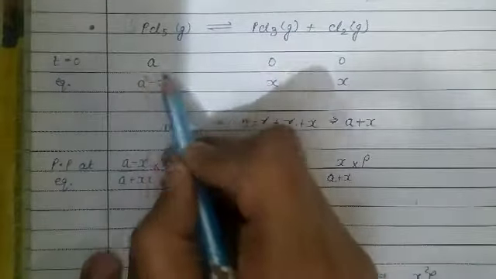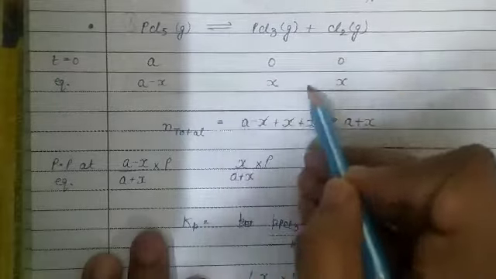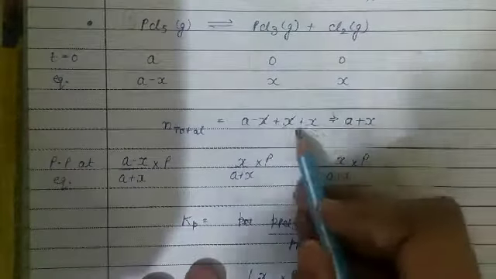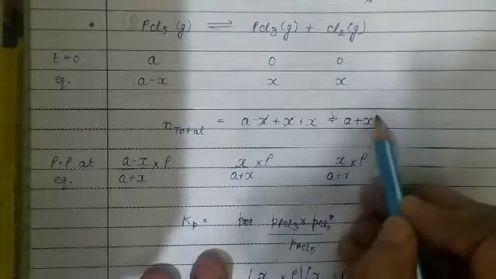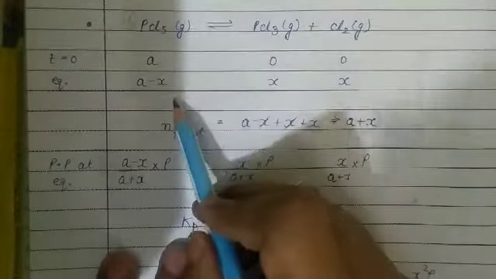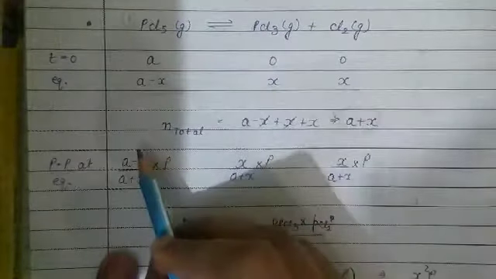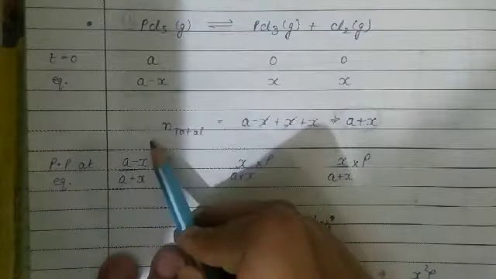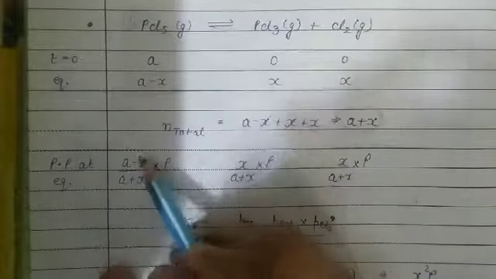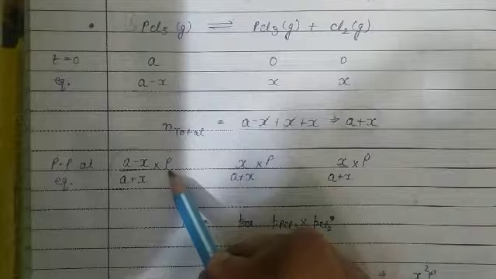Now total number of moles at equilibrium will be A minus X plus X plus X, so total number of moles will be A plus X at equilibrium. Now we will calculate the partial pressure of each: PCl5, PCl3 and Cl2. For partial pressure we want mole fraction. Partial pressure is mole fraction multiplied by total pressure.